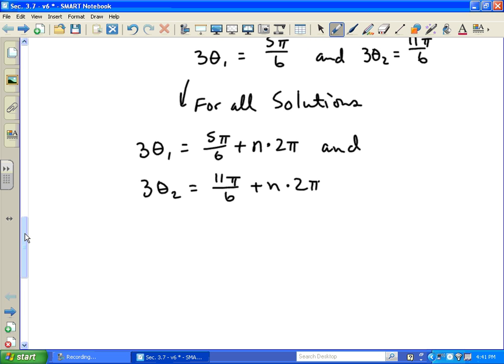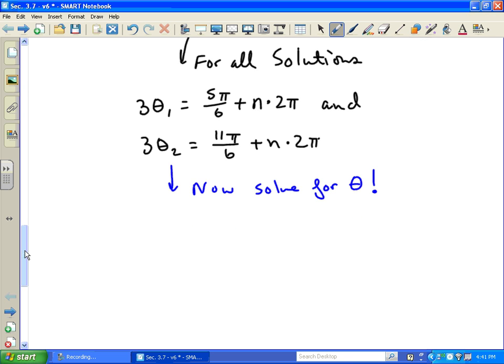Now the problem with that is that those two expressions aren't solved for theta. So now solve these expressions for theta. Don't try to do this in any other order. It will not work. This has to be the order that you do this in. And so on the first one, we have 3 theta sub 1.